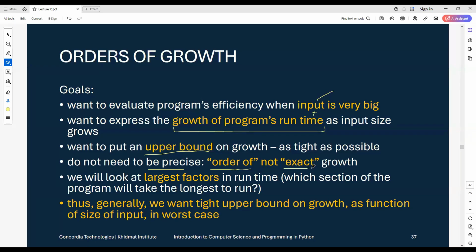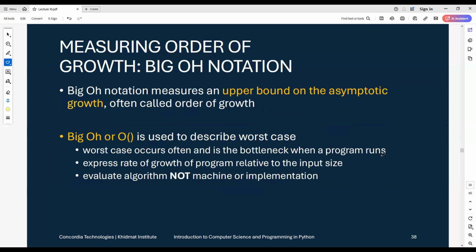We don't have to count the exact number of steps based on the amount or nature of input, but we want to identify an order of growth for an algorithm based on the input size. For that purpose, we will take a look at the largest factors when counting the number of operations within any algorithm, and those will provide us an upper bound on the growth of the function, depending on the size of the input in worst case scenarios.